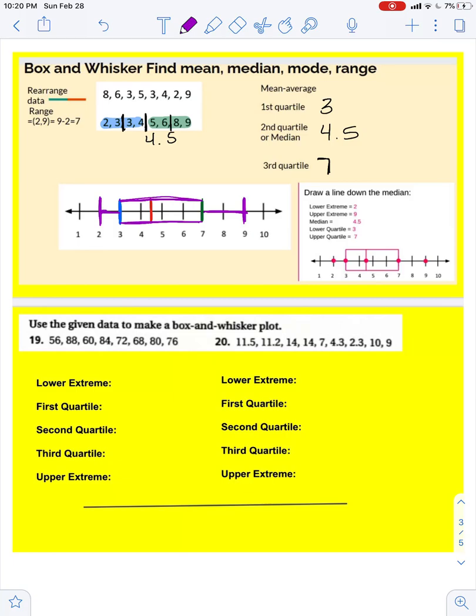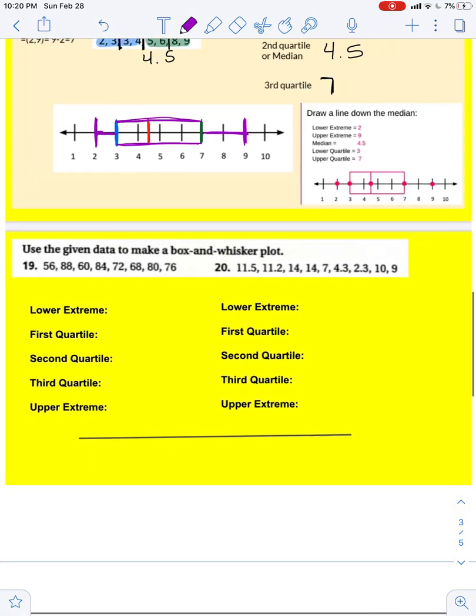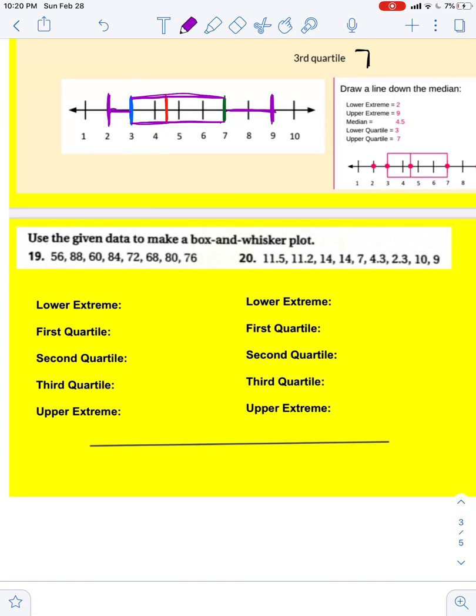Okay, so we're going to go ahead and find just the values for a box and whisker plot down here, or we'll actually make the whole thing. I think we'll have room. So I'm going to go ahead and make a number line here, and I'm going to count by 5s on this one.